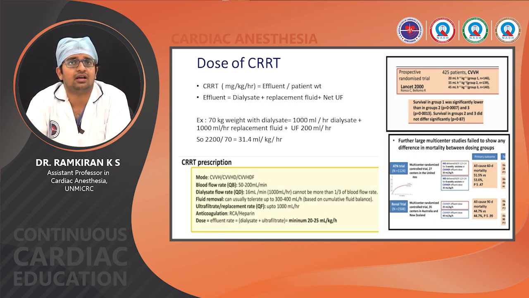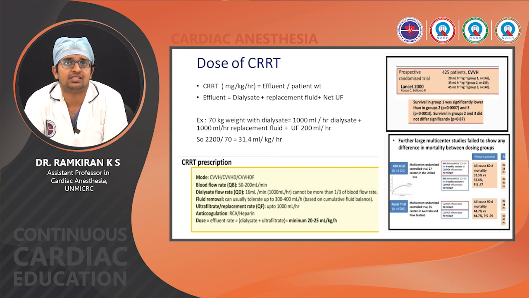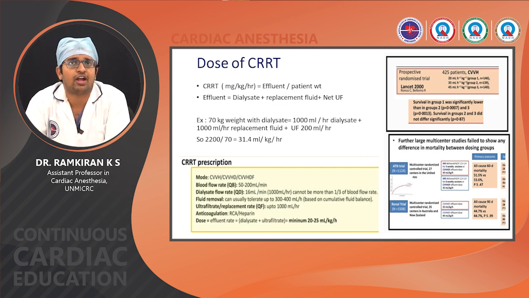So there are various studies which have been carried out on dose, right from 20 mils to 35 to 45 mils. Basically, the study done by Ronco et al. showed that the 20 mils group showed a lower survival rate than the group with 35 mils or 45 mils.